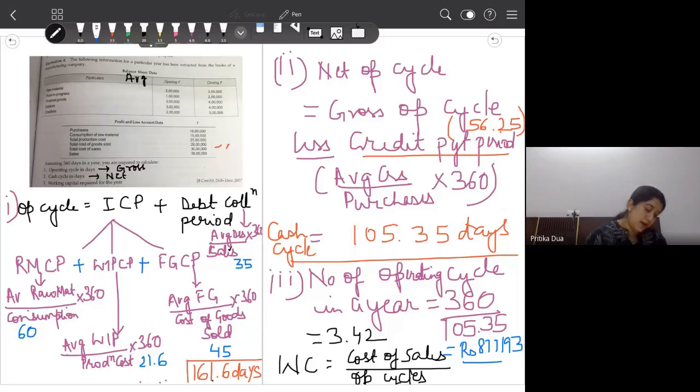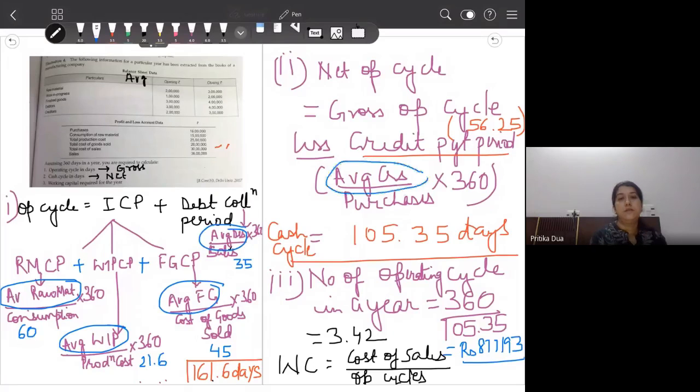So you can check. You take the numerator of all these values, all these formulas. Average raw material plus average work in progress plus average finished goods plus average debtors less average creditors. The amount will be equal to 8,77,193. From all the formulas, you have to pick the numerator value.